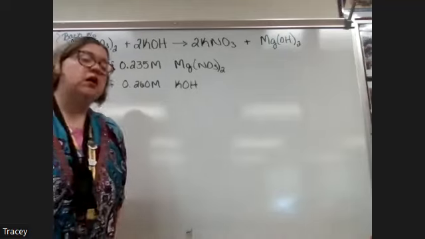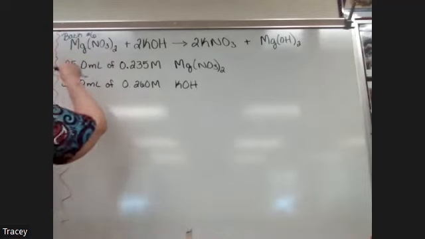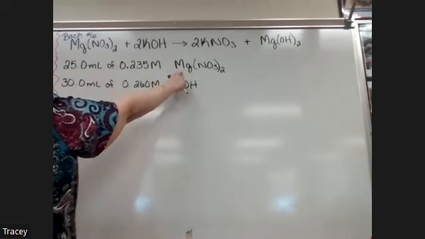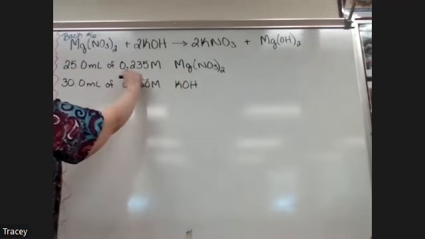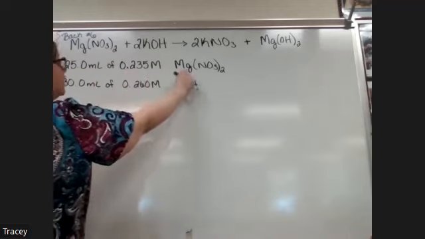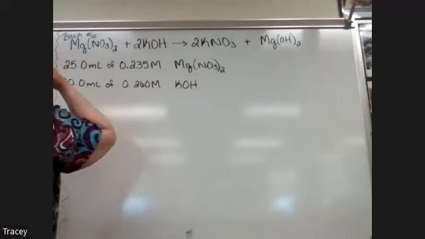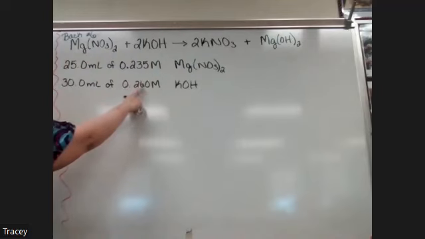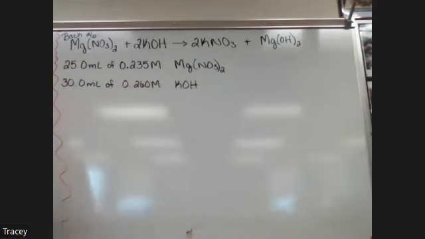So for example, with number 6, it's 25.0 milliliters of 0.235 molar Mg(NO3)2. Separately, we have another volume and molarity set. We have 30.0 milliliters KOH, 0.260 molar KOH.